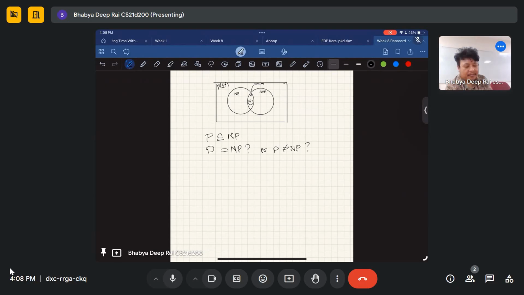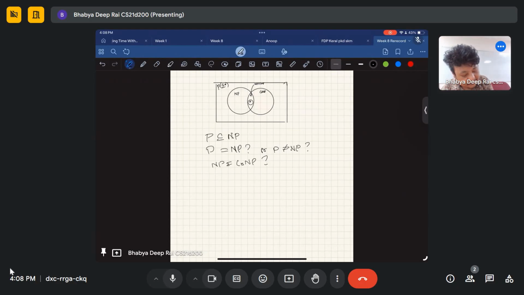So, what is coNP, by the way? In whichever problems NP said no, coNP says yes. In whichever problems NP said yes, coNP says no. And what about NP versus coNP? We do not know. Open question.